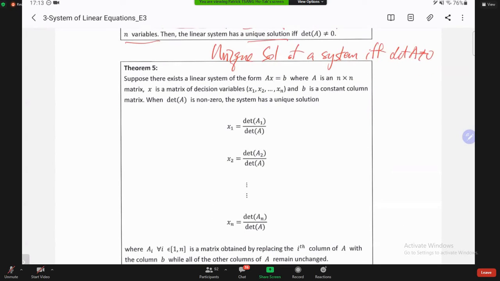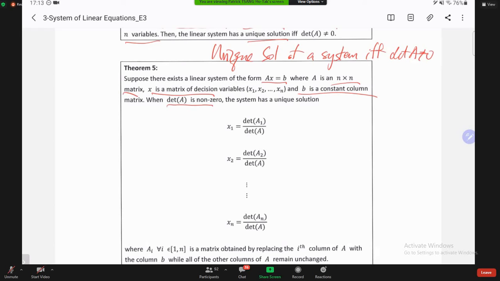Suppose there exists a linear system in matrix equation form AX equals B, and A is an n by n matrix. As usual, X is a decision variable matrix, and B is a constant column matrix. When the determinant A is non-zero, theorem 4 guarantees there is a unique solution for the system, right?